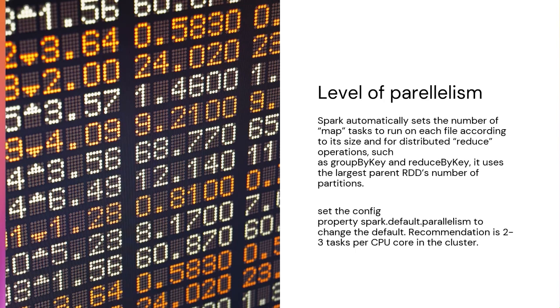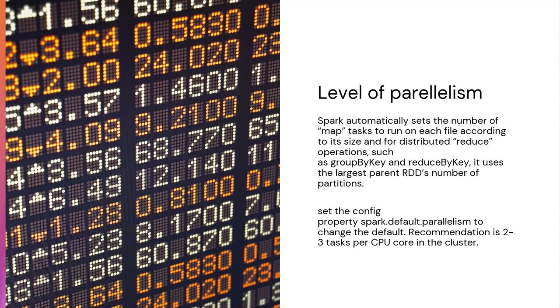Okay, now we spoke about data structures, serialization, and memory tuning, but apart from these there are a few other parameters which can be fine-tuned to make our programs more efficient, like the level of parallelism. We all know in a distributed application there is parallelism. There are multiple tasks running on a single node also. There are multiple executors running in parallel.